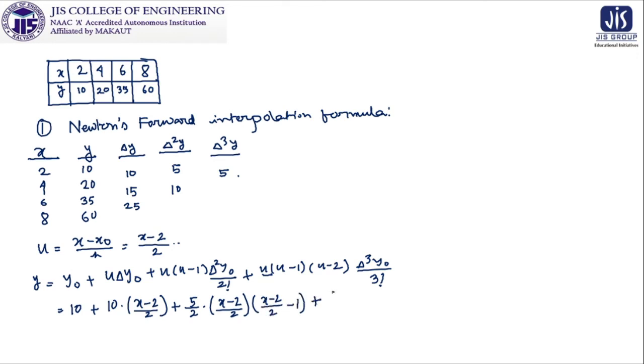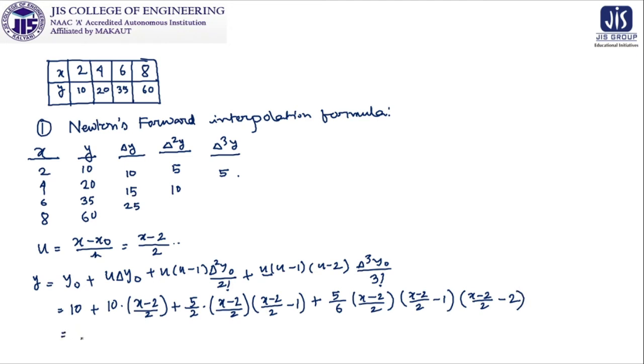Then del 3 y0 is 5, here it is 6, so (x minus 2) by 2 into ((x minus 2) by 2 minus 1) and ((x minus 2) by 2 minus 2).